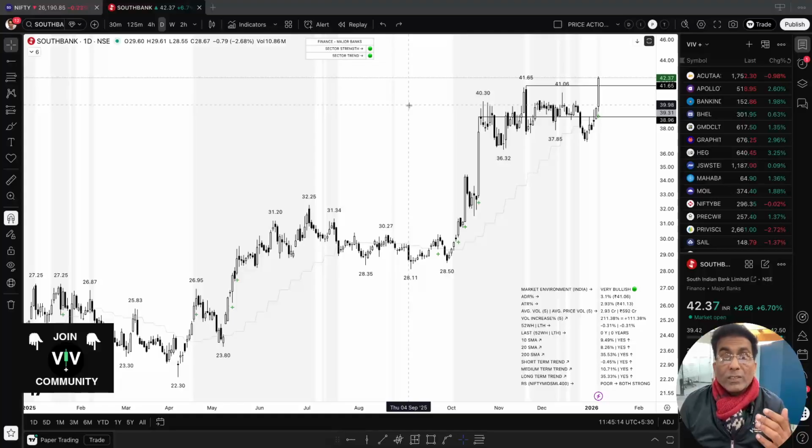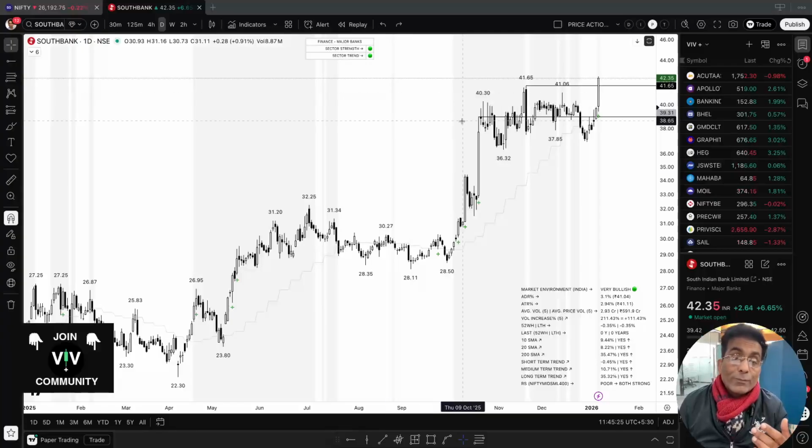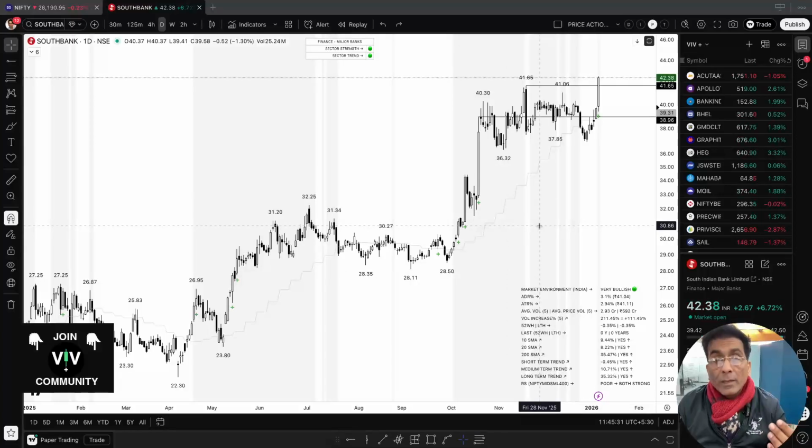Why is it important? The problem with trading or investing, especially trading, is that we have to see where the momentum is. If the setup is really nice but the sector doesn't have any strength, or if the sector doesn't have any strength but the stock is showing strength, that is also a signal that something is happening with the stock.